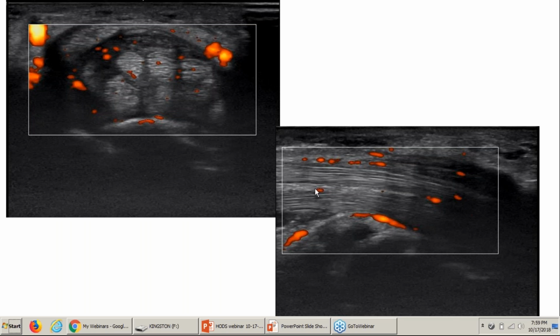So look at this patient. Looking at just B mode imaging, you don't see any significant hypoechoic signal which you would be concerned about, but look at the vascularity. So this is like early tenosynovitis, and most likely the carpal tunnel is secondary to this inflammatory tenosynovitis, and not primary.